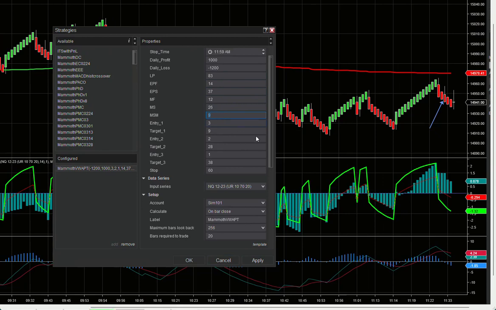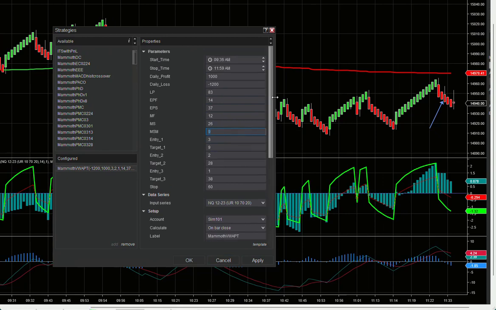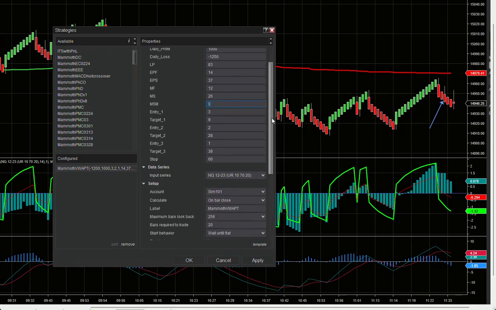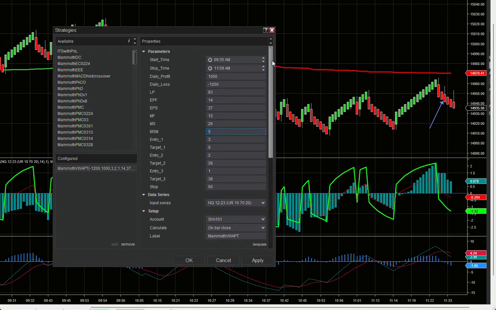You can trade RTY, ES, or gold, and you can change these numbers to find the best combinations out of this strategy. Now the strategy is basically developed based on VWAP. You need to have a VWAP indicator in order to run this strategy.